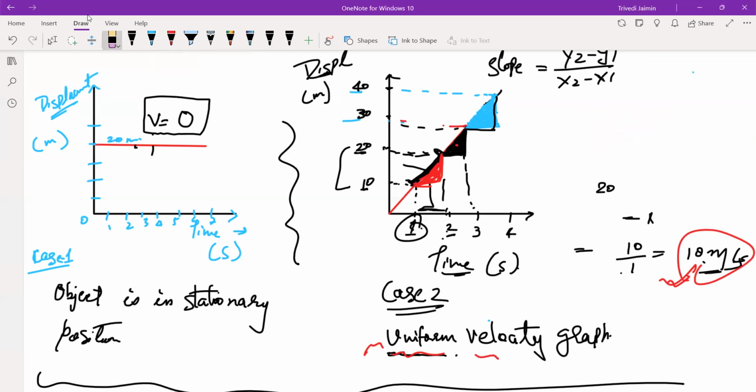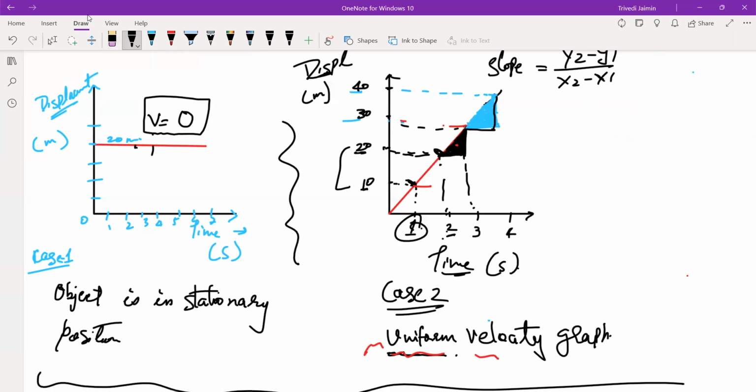Now, if we talk about case 1, if we take displacement here, suppose 5, 10, 15, 20. If we take 20 here, 20 minus 20, it is not changing. Final and initial are the same. Whatever time we take, let's take 2 minus 3 or 3 minus 2, it is 0 by 1, which is 0 only.